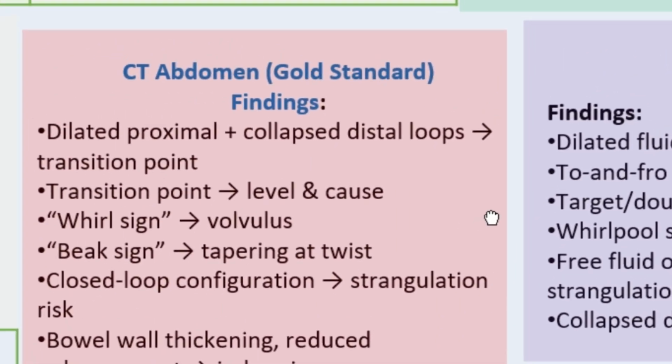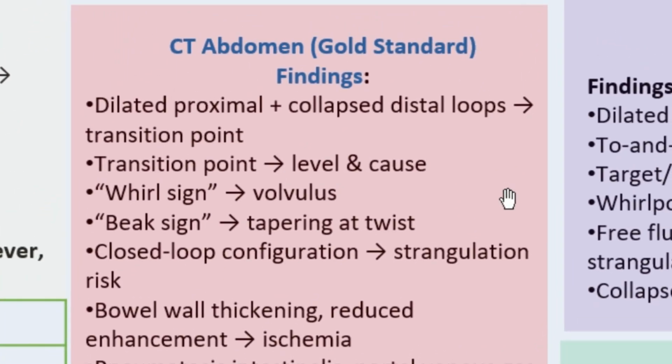Then when you do the CT of the abdomen, and this is the gold standard test, you're going to see dilated proximal and collapsed distal loops, and we shall also have a transition zone. This will tell us that, because of the obstruction, the proximal part is going to dilate and the distal is going to collapse. Then we have the transition point, which can show us the level of the cause.